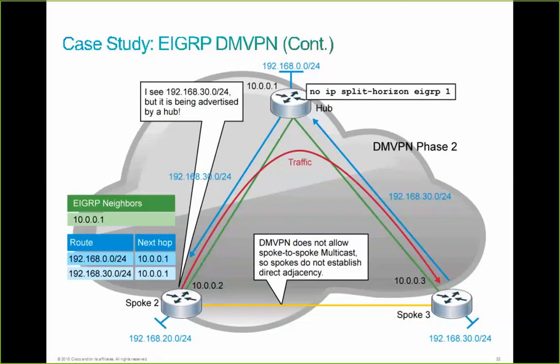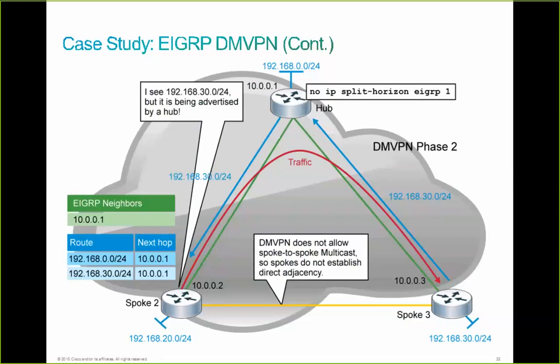All right? Well, that's true by default, but it is possible to keep your hub and spoke topology but still use the full mesh capabilities of DMVPN to actually forward traffic through the network.